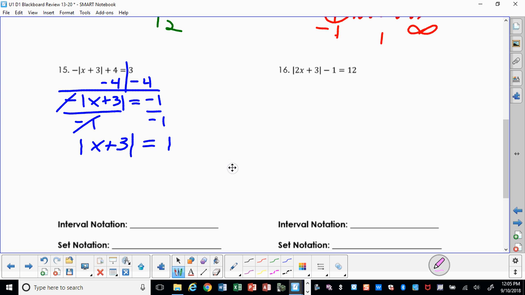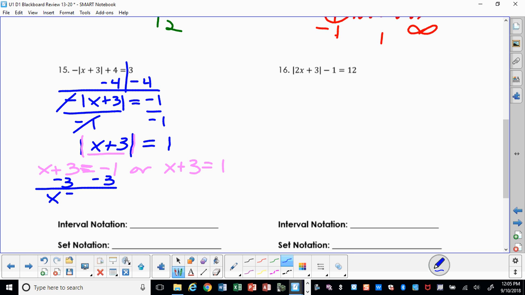writing two equations. Okay, so what's inside, x plus 3 can equal negative 1, right? Or x plus 3 can equal positive 1. And either way, the absolute value of it will be a positive 1 because the absolute value is a distance. So now I'm going to minus 3 on both sides.